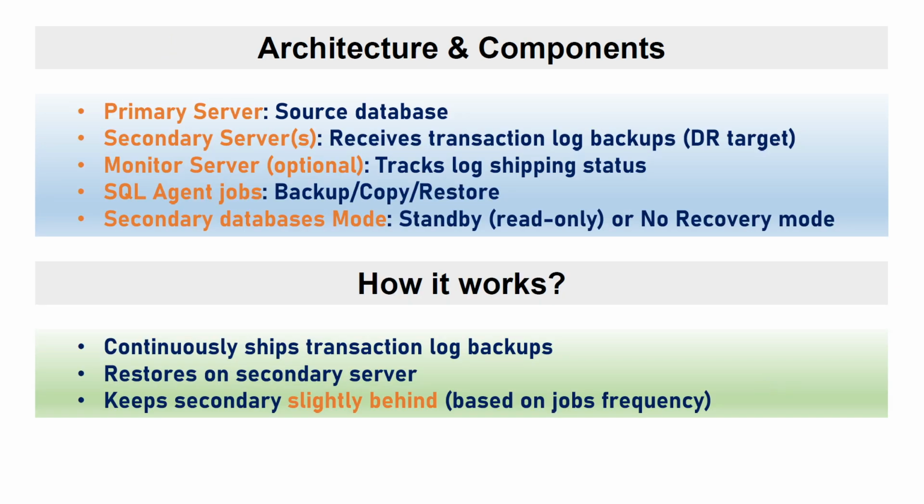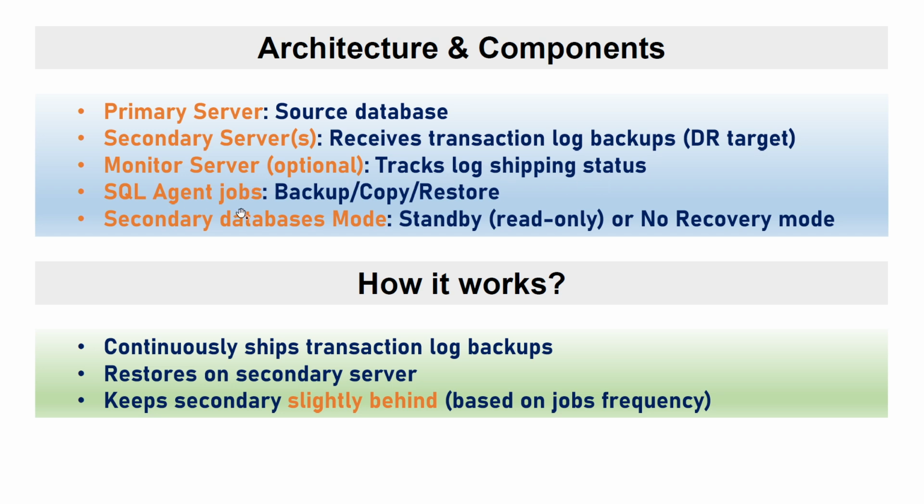Architecture. Let's see the architecture. We've got a primary server, which is basically the source database. You've got secondary servers, one or many. You can have multiple secondary servers which will receive the transaction log backups, and these are the DR targets. So one primary can send the logs to multiple secondaries. The monitor server, which is optional, will track the log shipping status.